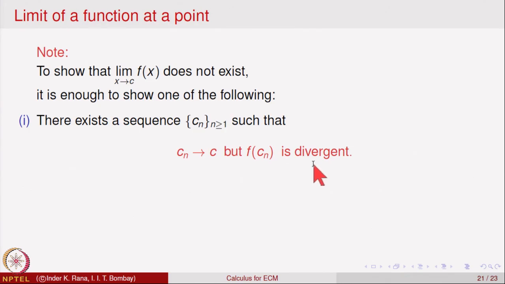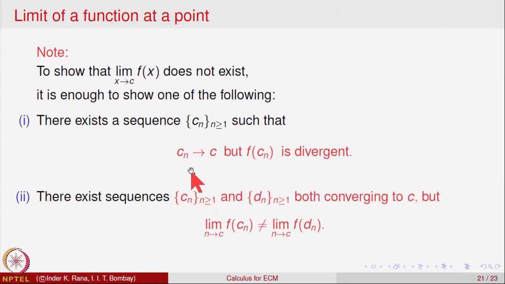So, to show that the limit does not exist, one way is to produce a sequence c_n in the domain converging to the point c, but the image sequence does not converge, that is, it is divergent. In that case the limit of f of x as x goes to c will not exist.